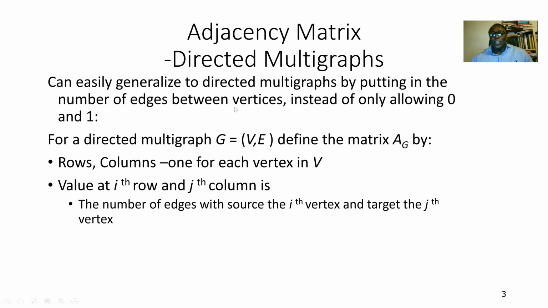Edges are the lines. So if I'm in the first row, first column, then I'm going to get something we call a loop. How many loops do I have? Always a loop represents 2. And then if I'm in the first row and second column and it's an undirected graph, then I want to know how many edges I have from the first node to the second node. And if it's not a loop, then each edge represents 1.